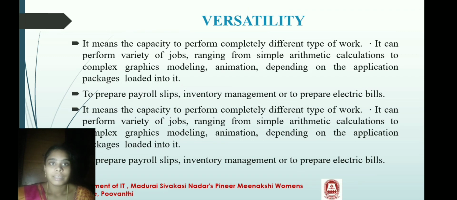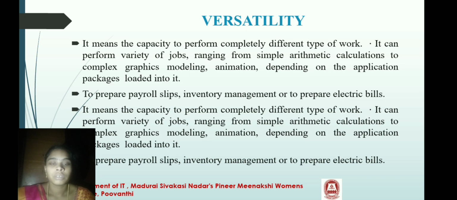And versatility. It means the capacity to perform completely different types of work. It can perform a variety of jobs, ranging from simple arithmetic calculations to complex graphics modeling and animations, depending on the application packages loaded into it.